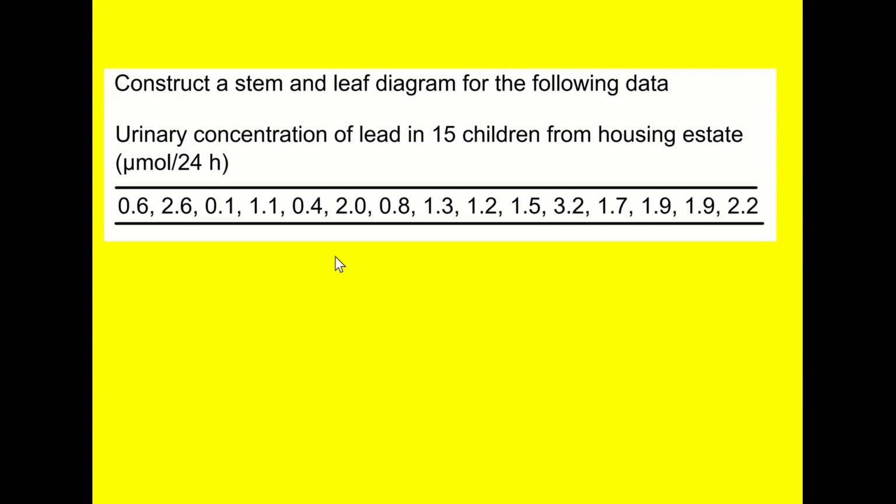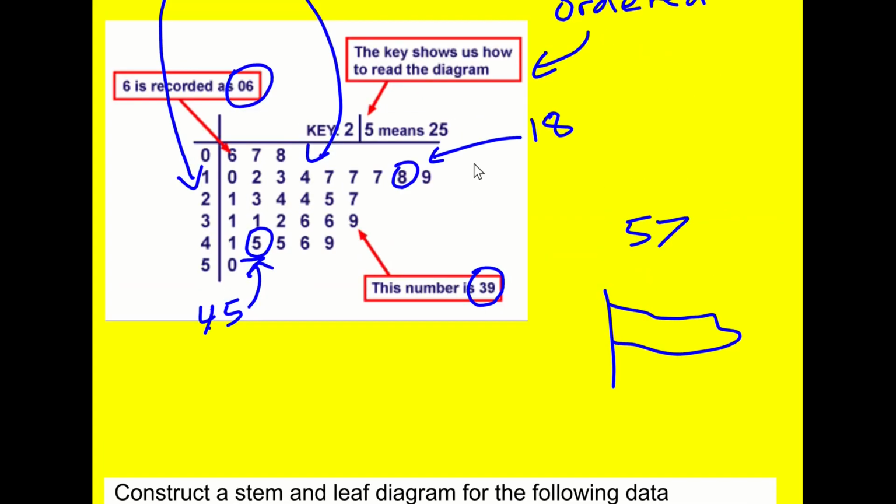So this could be something that maybe a council investigated. They're worried about the water supplies, a real life kind of example. How could we construct a stem and leaf diagram that might give us a bit more indication? Sorry, I keep forgetting this, but actually this is raw data. We've got all the data.